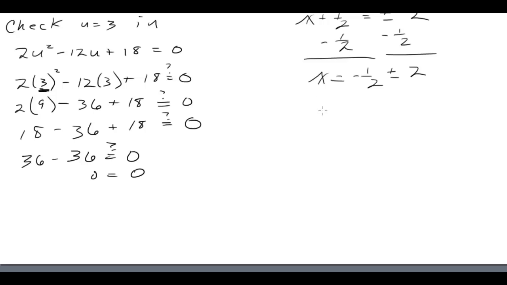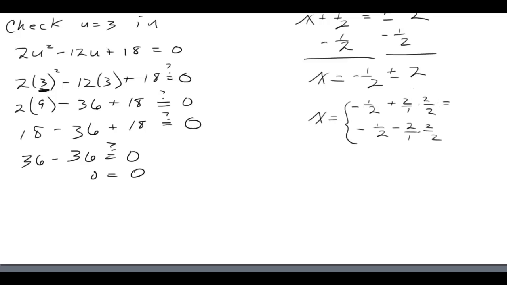Now, what's that going to equal? That's going to equal minus 1/2 plus 2, and minus 1/2 minus 2. All right, so that's 1. Let's do that. It's 2 over 2. That's a 1. That's 2 over 2.